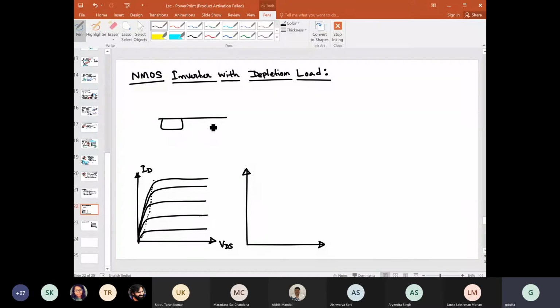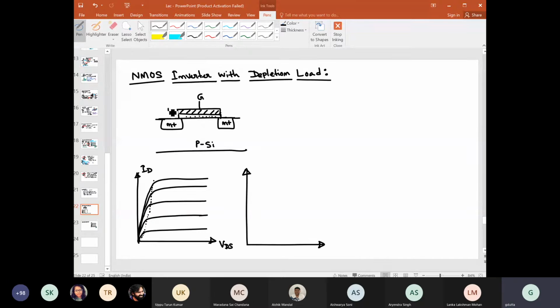Okay, so here, suppose we are considering one N-channel depletion mode MOSFET, then it will be like this. Here N plus, here N plus, here it is P silicon, here it is the oxide, silicon dioxide, on top of which you have this gate.